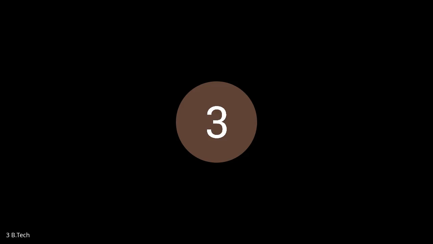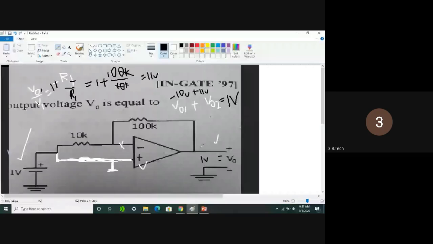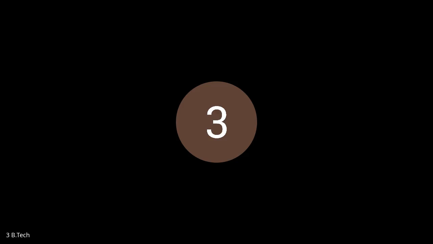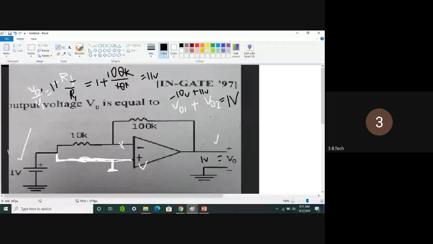So whatever information we provide at the input side, the same information is transferred to the output side. So an operational amplifier can also be used as a buffer to carry the same information or energy. Is that clear to all of you? Operational amplifiers are not only used for amplification, they can also be used as buffers. From this example we can learn that.